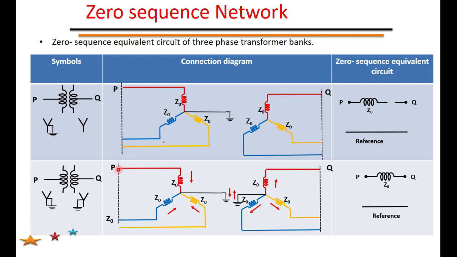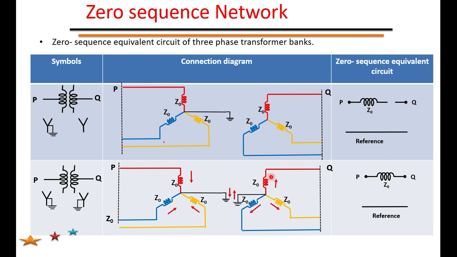I am considering only one phase here, the R phase; similarly, it applies to all other phases also. The current flows here, enters the neutral point and goes to the ground, then enters the secondary winding and flows. There is a complete path for the zero sequence current in the case of star connected and grounded.